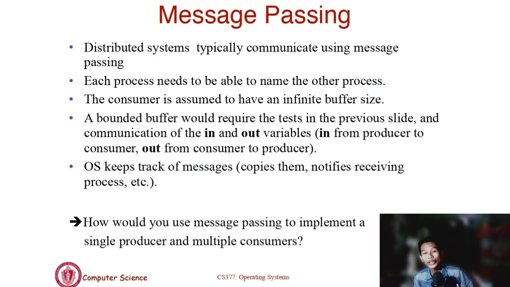And here, message passing assumes that the consumer process has an infinite buffer size to accommodate incoming messages. However, if a bounded buffer is used, additional checks and communication of buffer status may be required between the producer and consumer processes.